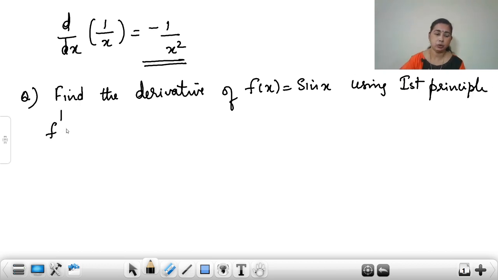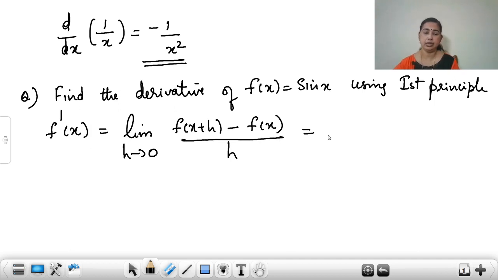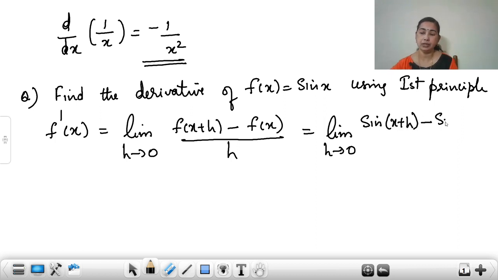So we have to find f'(x). f'(x) equals the limit as h tends to 0 of [f(x + h) - f(x)] whole divided by h. That is equal to the limit as h tends to 0 of, f(x + h) means sin(x + h), instead of x it is x + h, minus sin x, whole divided by h.